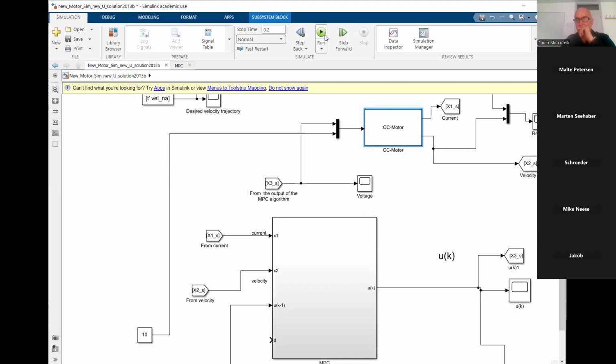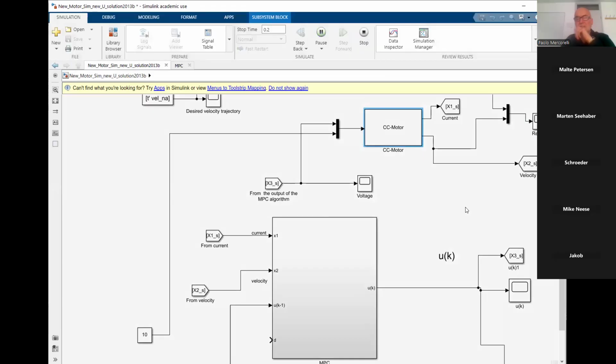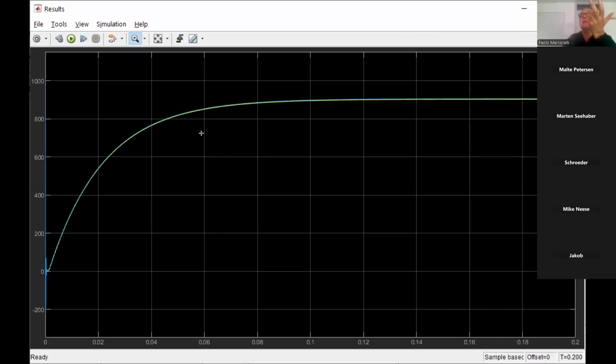Let me run. The disturbance is not compensated, but is nevertheless compensated because the system, you remember last time, reacts, but not so well. I mean, to compensate, I have to increase Q, and thus I have to increase U. Do you remember last time?